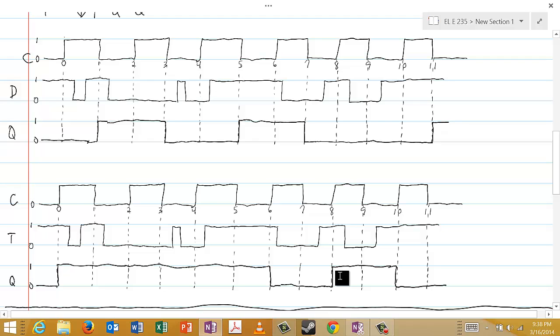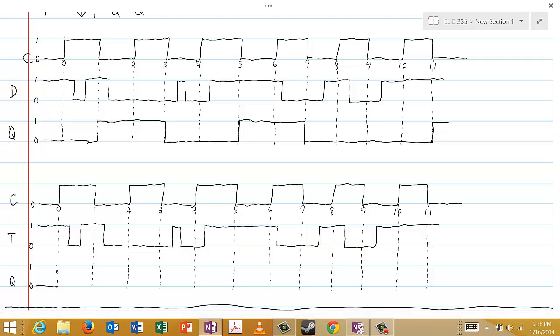And now, as a final example, let's redo this one, but assume that it is a negative edge triggered T flip-flop, and I definitely hope that you'll try this on your own first, and then we'll all do it together.